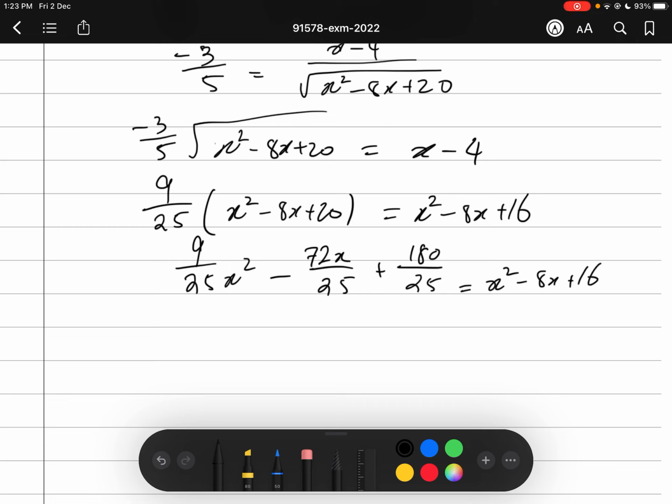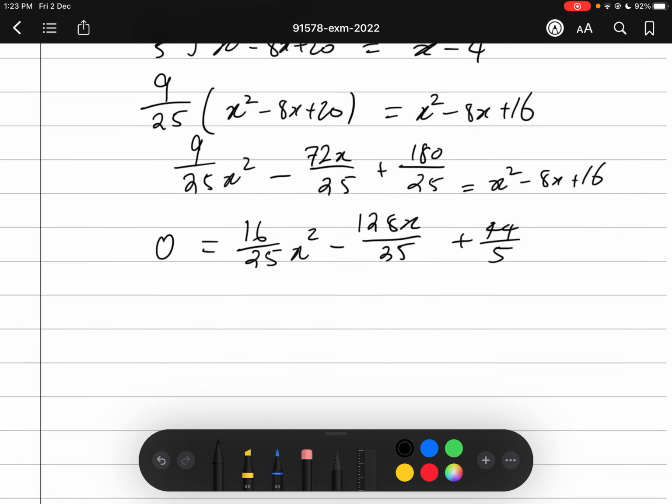And if we rearrange this and move everything to the right-hand side, we're going to have 0 equals 16/25 x squared minus 128x/25 plus 44/5. If you solve this equation in your calculator, you can also use the quadratic formula.